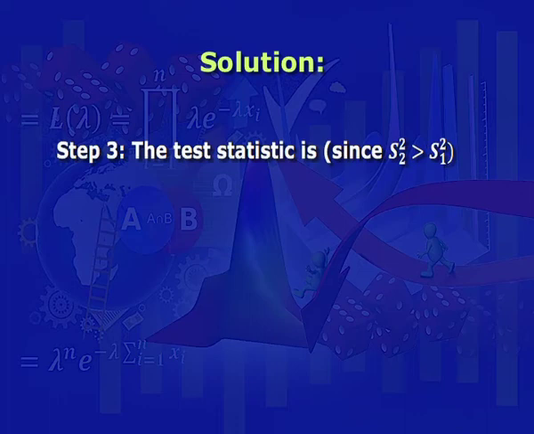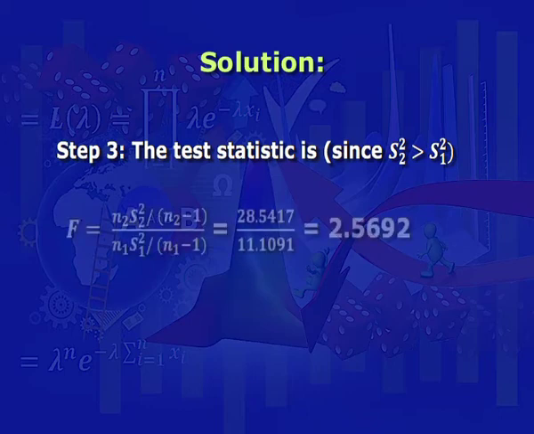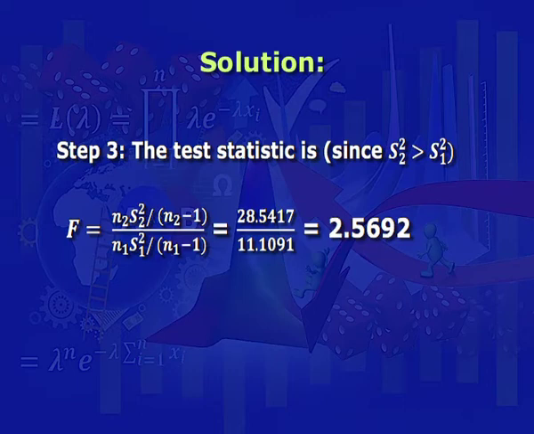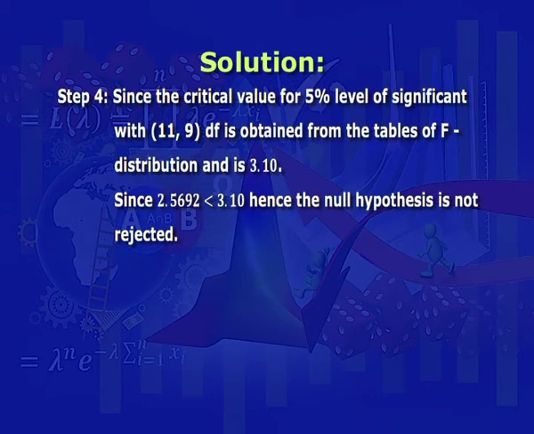The test statistic is, since s2 square is greater than s1 square, defined as F equal to n2 into s2 square divided by n2 minus 1 whole divided by n1 into s1 square divided by n1 minus 1. Substituting the values of n1, n2, s1 square and s2 square, the F statistic becomes 2.5692.